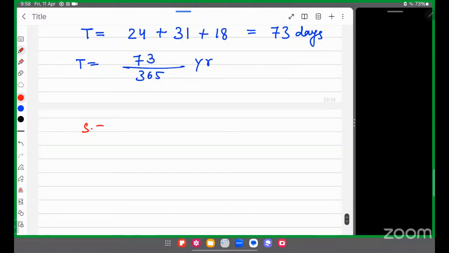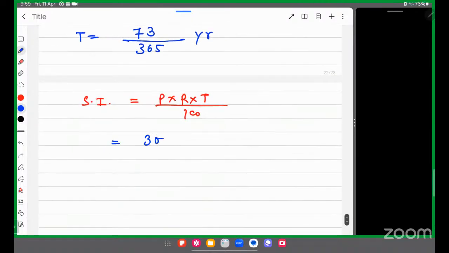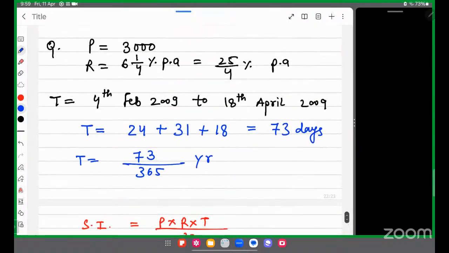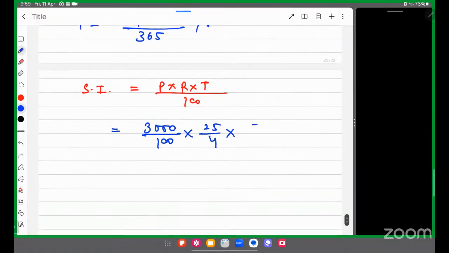Now we can apply the formula for simple interest, and this will be P into R into T divided by 100. Let's calculate what is the value of P. This is 3000 divided by 100. What is the value of R? 25 by 4. What is the value of T? 73 by 365.